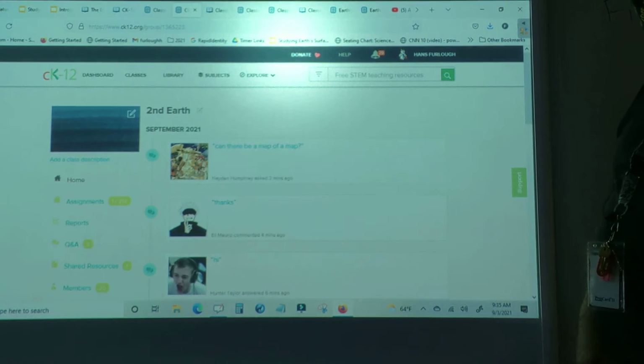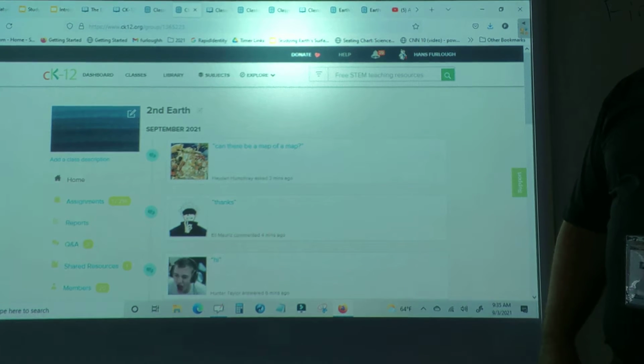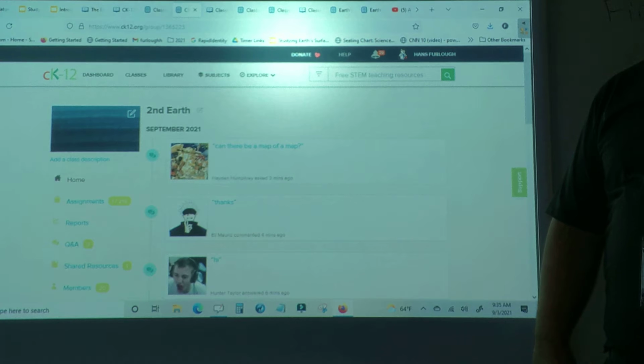So mind your manners. And can there be a map of a map? Yes, it's called the legend. Can there be a legend of a legend? It's called the dictionary. Could there be a dictionary of the dictionary? A thesaurus. Could there be a thesaurus of a thesaurus?